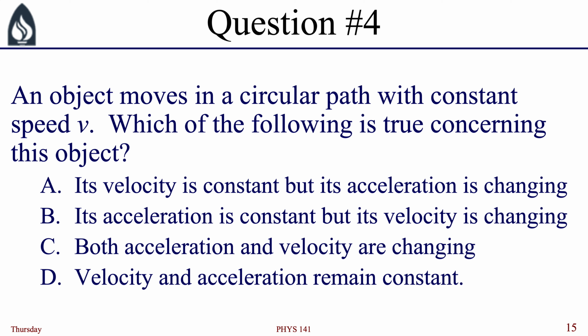So the magnitude of the centripetal acceleration is constant, but since the centripetal acceleration vector always points towards the center of the circle, the direction towards the center of the circle is always changing for an object going in a circle. So that means both the acceleration and the velocity are changing, not their magnitudes, but their directions are. So I would choose option C for this question.